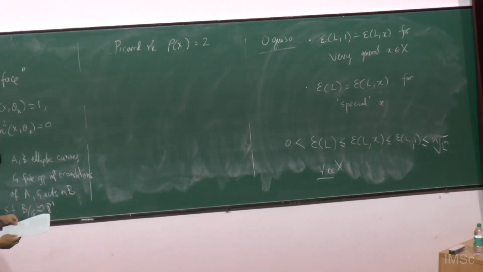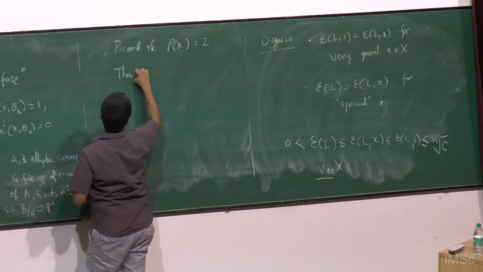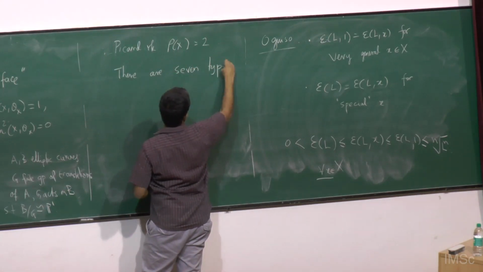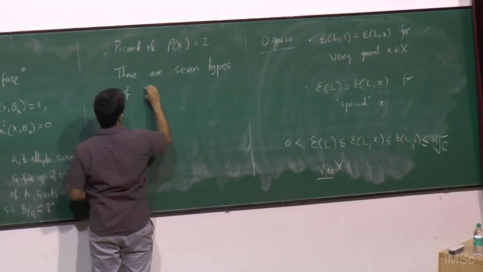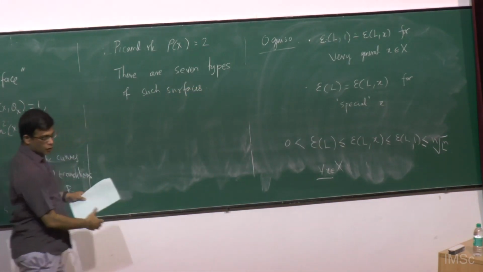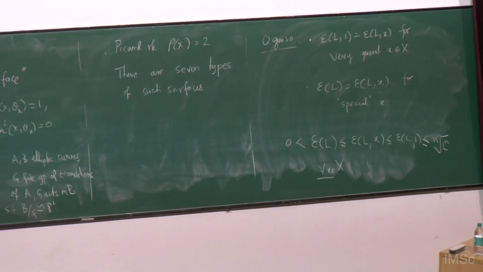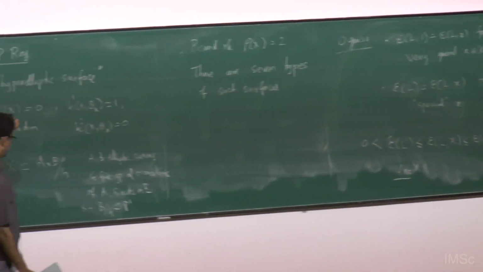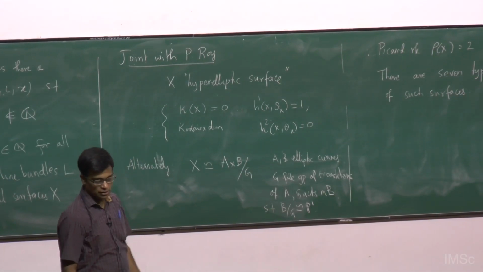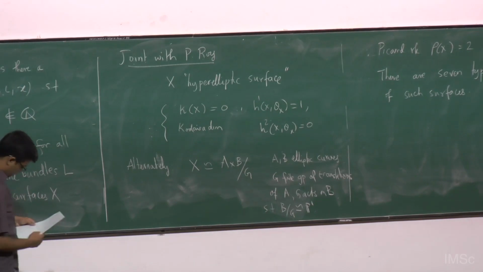So ample line bundles are understood on this, and there is a classification of them which says that there are 7 types of such surfaces. I don't want to get into that. Depending on what the group is, Z mod 2Z, Z mod 3Z, Z mod 6Z, and the way it acts on B, there are 7 such types, and so we have something to say about this question in that case.